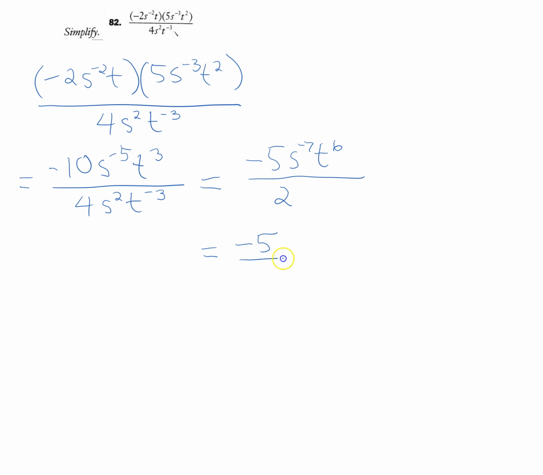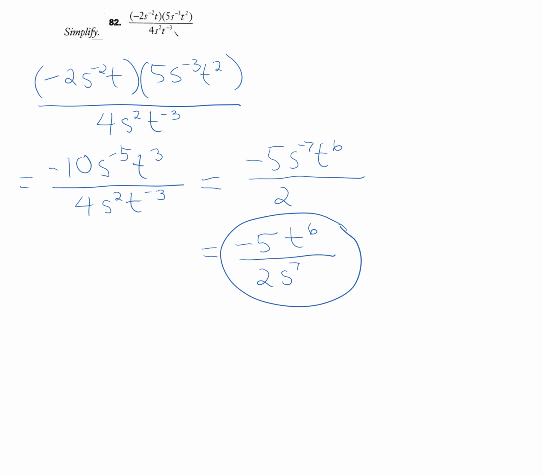So in this case, we're just going to put the s on the bottom, and that's going to be s to the power of 7. And I'll keep my t to the power of 6 on the top. So this is actually my simplified expression here. Negative 5t to the power of 6 over 2 times s to the power of 7.